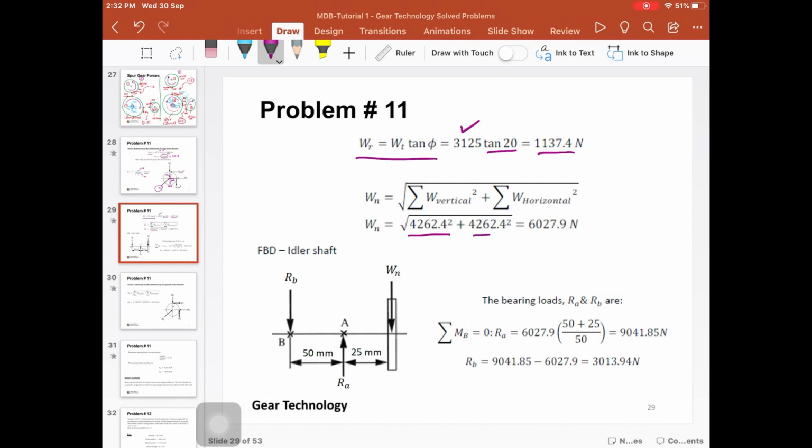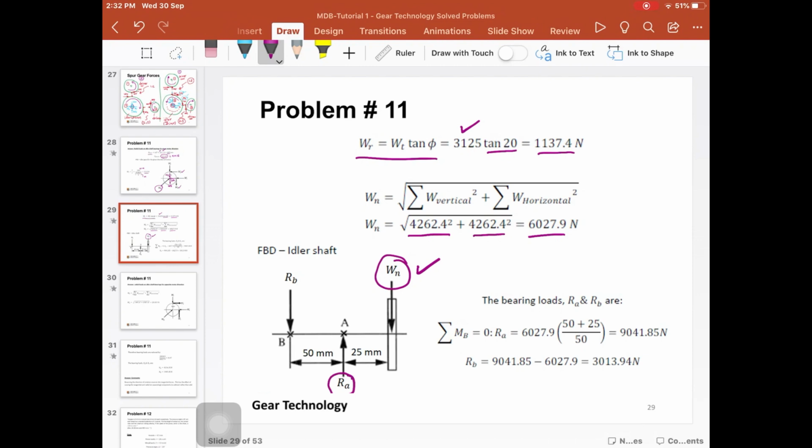So we add the tangential and the radial components together, and eventually we get the normal force as 6,027.9 Newton.